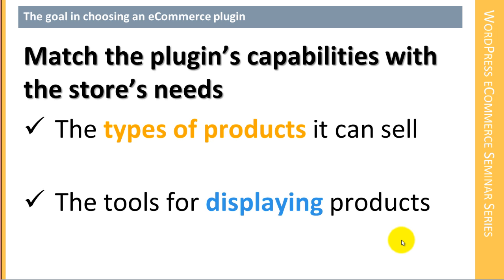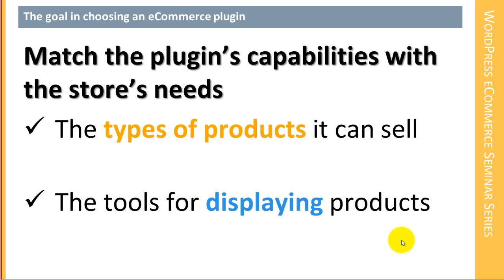WooCommerce is not going to be the best application for all stores. WP eStore is not going to be the best for all stores. I talk about all these different solutions because some solutions are better at one thing than another. And if you are a web developer or a web designer and you have clients that you work with, you're not going to be able to take care of them properly and only have one store that you offer them, because this is not a one-size-fits-all business.